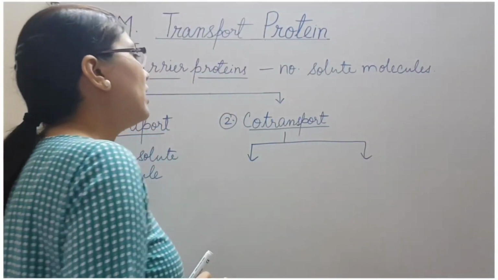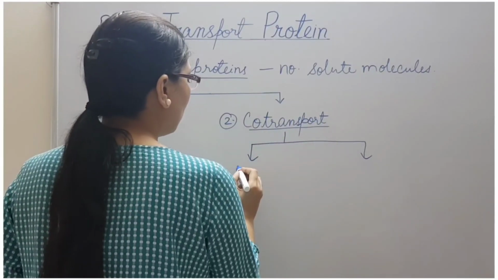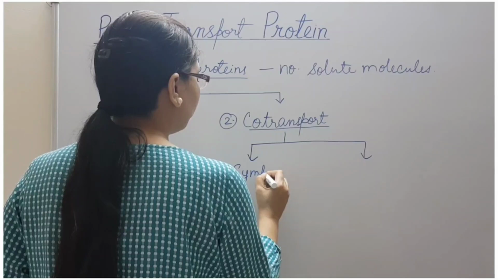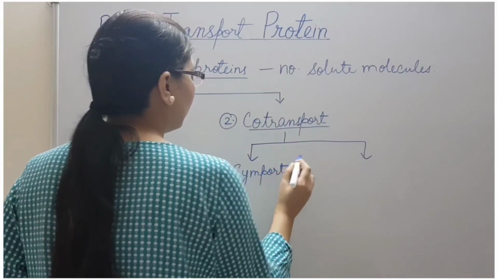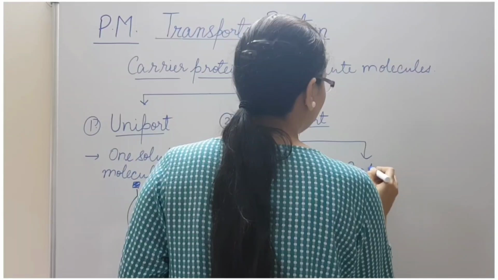Depending upon the direction of movement of two solute molecules, co-transport is of two types: symport and antiport.